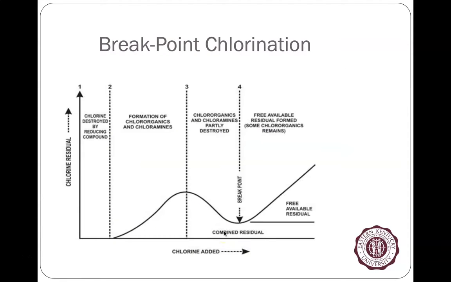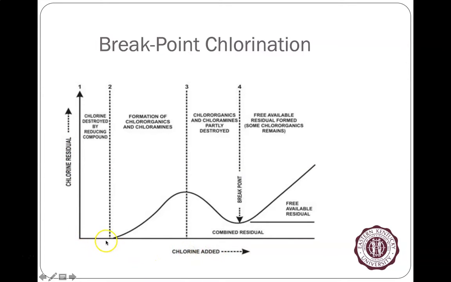There's a figure here that shows you a graph. Over here on the left, this is the amount of available chlorine that's able to still treat and disinfect. This is the amount of chlorine that we've added.